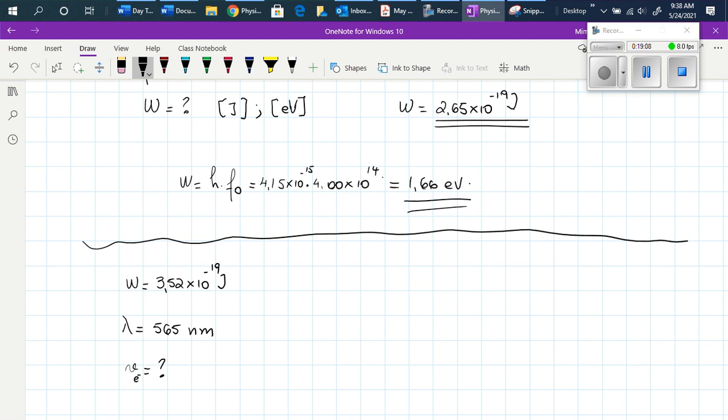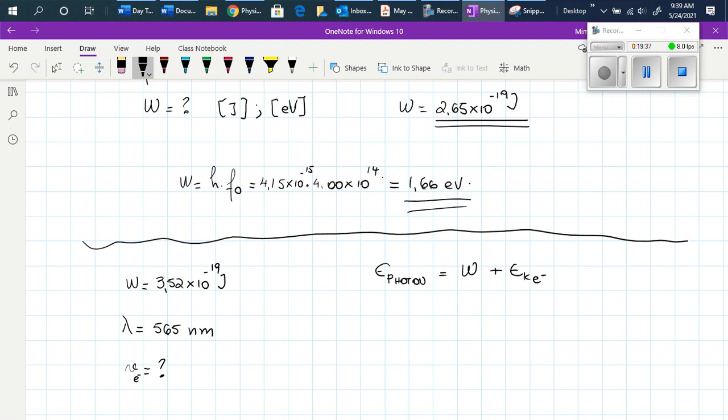And the electron is using this energy that the photon is giving to remove itself from the binding energy, the work function, and then to gain some speed to move to the other plate of the photoelectric effect. So the energy of one photon is equal to the kinetic energy of the electron plus the work function.